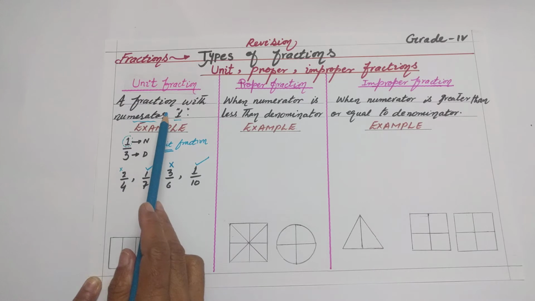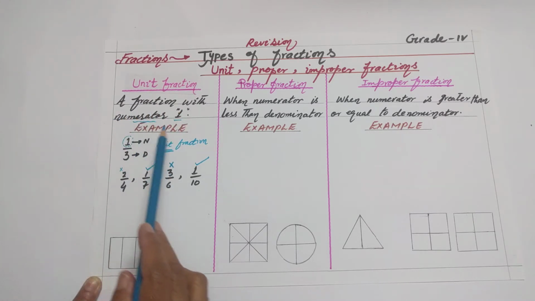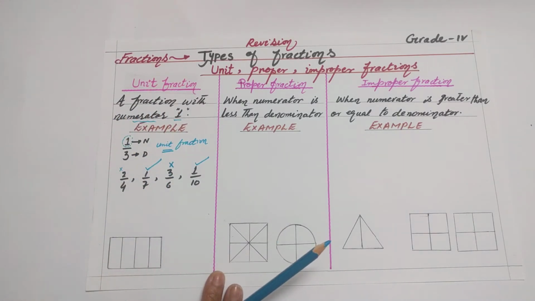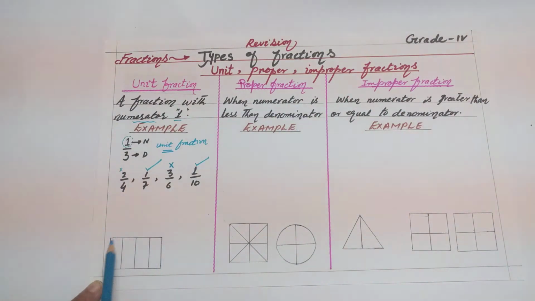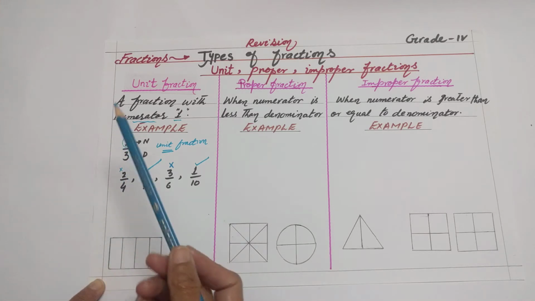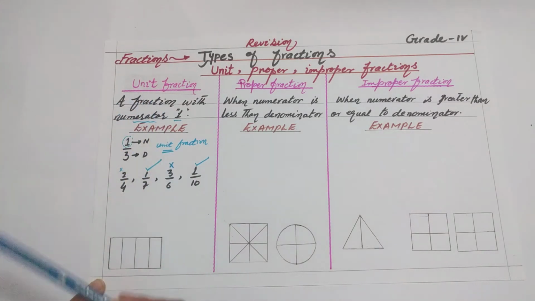In unit fraction, as I told you, the numerator should be equal to 1. And what is numerator? Numerator is actually the number of parts that we have. It means from this whole, if I use one part, then it will be a unit fraction.